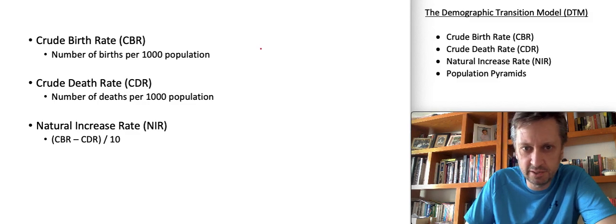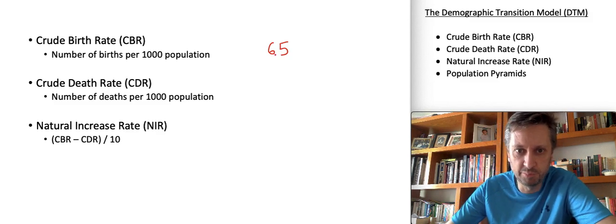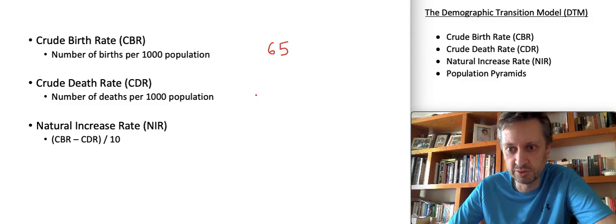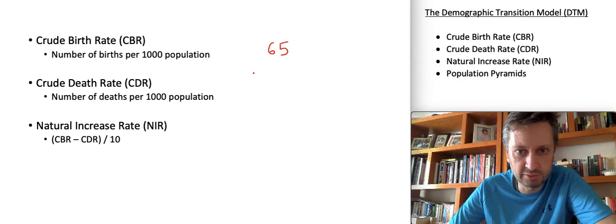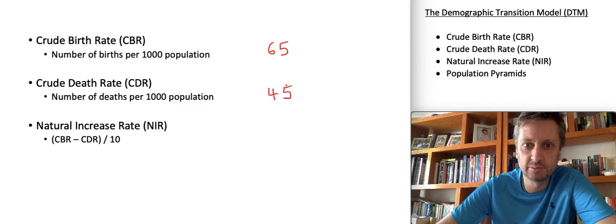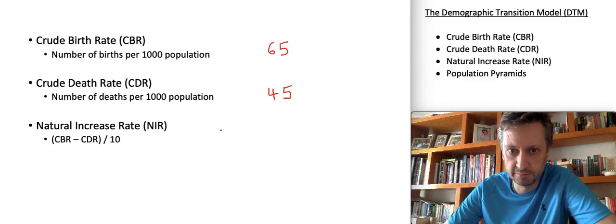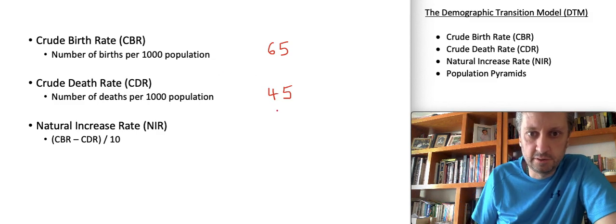Let's say in a certain made-up country, we have 65 births per 1,000 people in a year. And let's say in that same country, the crude death rate is, let's make it fairly simple, 45 deaths per 1,000 people per year. Okay.